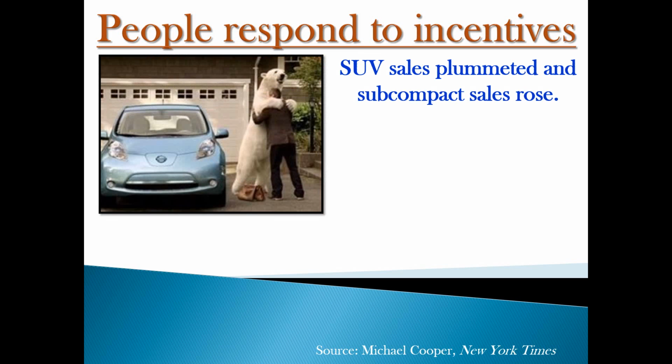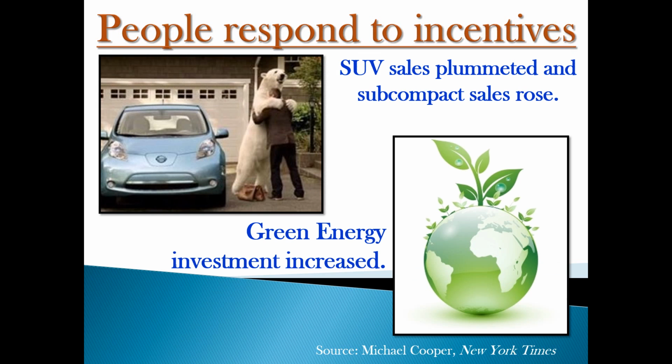SUV sales, gas guzzler sales plummeted, and subcompact sales rose. Green energy investment increased. People were investing in wind and solar and other alternative energies to try to move away from gas. None of this was by government direction or government action. This was all simply people responding to the incentives of high gas prices.